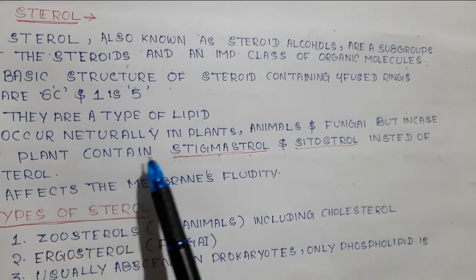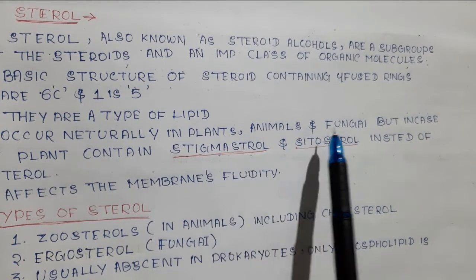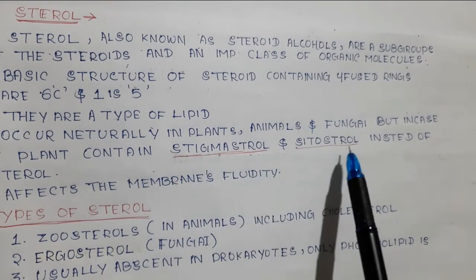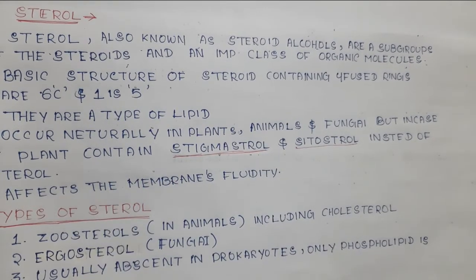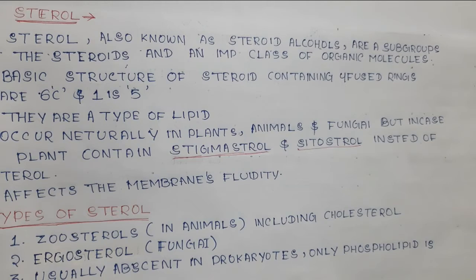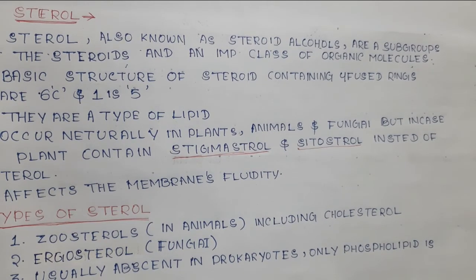It occurs naturally in plants, animals and fungi, but in plants it contains stigmasterol and sitosterol. It also affects membrane fluidity: whether the temperature is warm or cold, there is no change in the plasma membrane, and it will not become leaky when the temperature is warm.